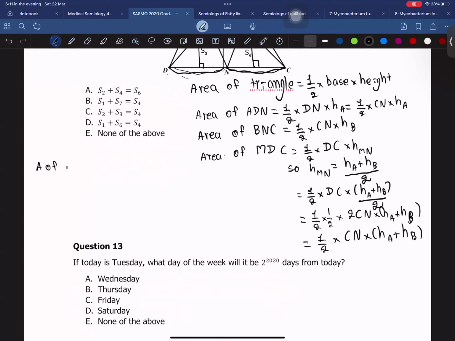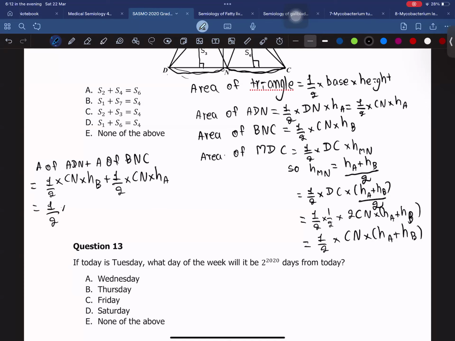So we can add the area of ADN plus the area of B and C. What do we have here? 1 over 2 plus CN times HB plus the area of B and C. I already wrote B and C, so I'm going to write A and D, because we can write whatever first, it's all okay.